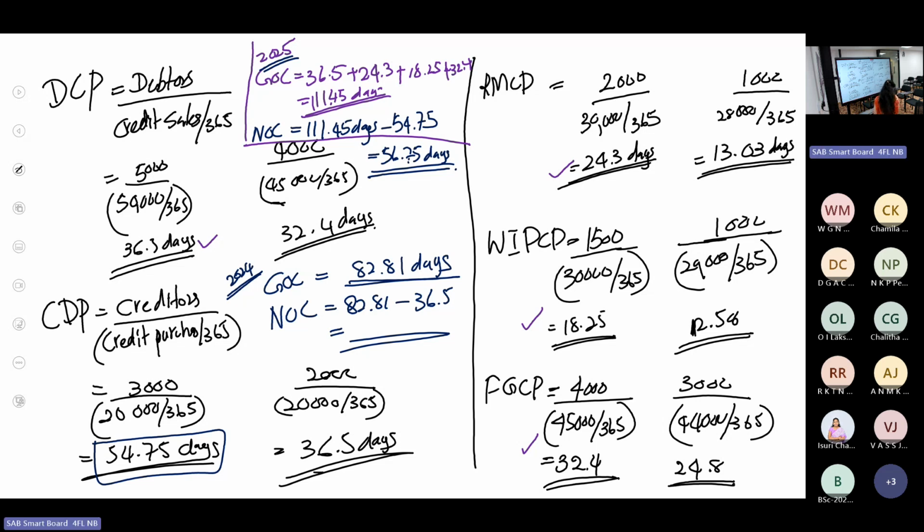Ishara, how many days? 46.31. Exactly, 46.31 days.